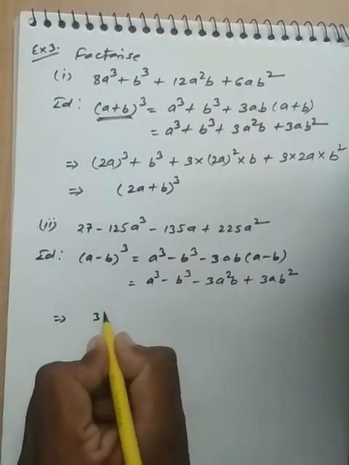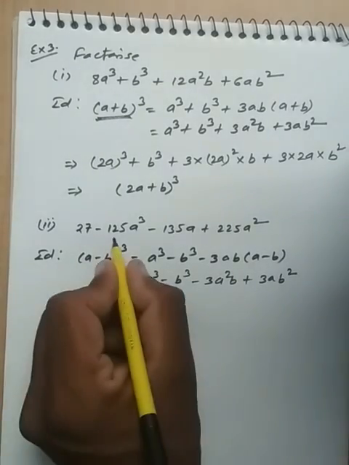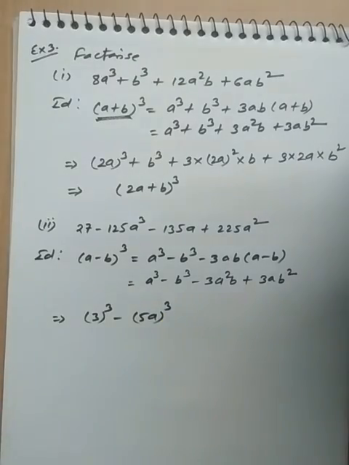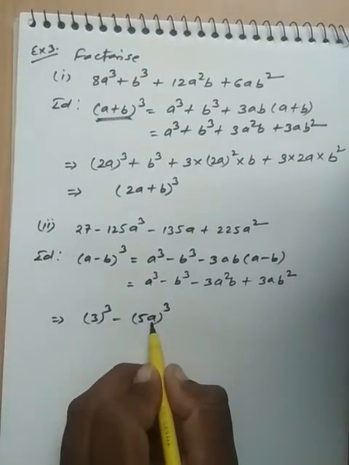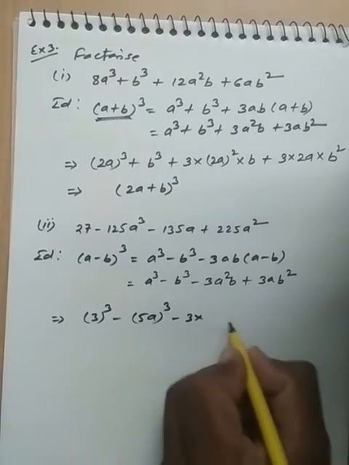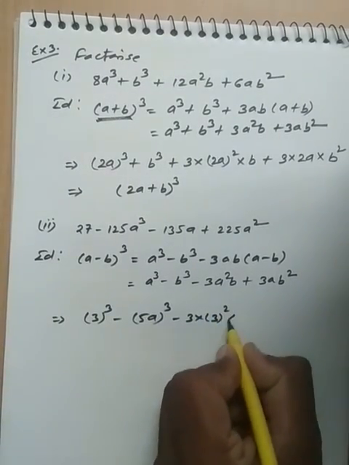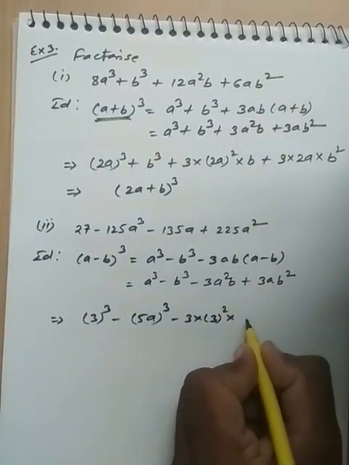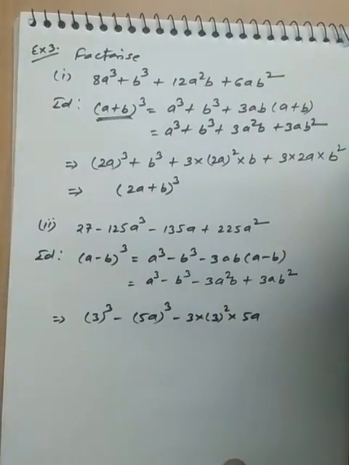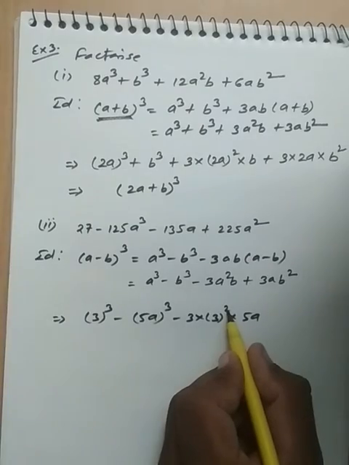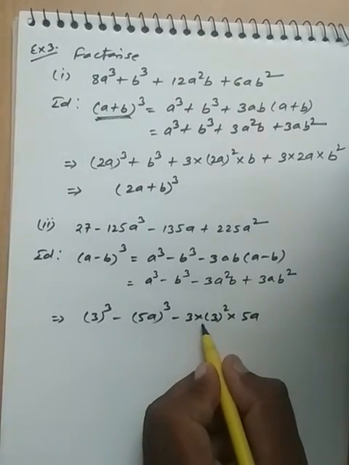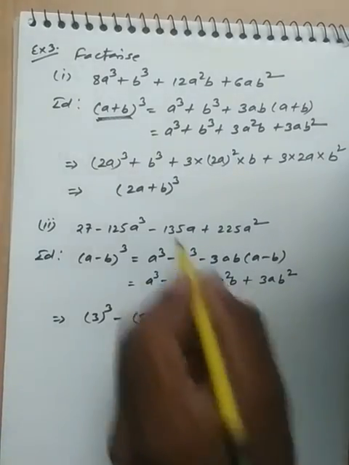27 can be converted into 3 cube, and 125a cube is converted into (5a) whole cube. So a cube minus b cube, again minus 3 and a square 3 square, in place of b 5a, and it will be equivalent to 135a. So 3 square is 9, and 9 into 3 is 27, and 27 multiplied by 5 is 135.